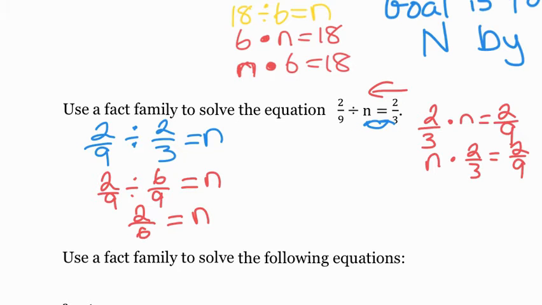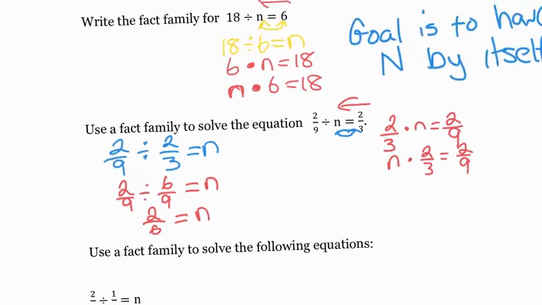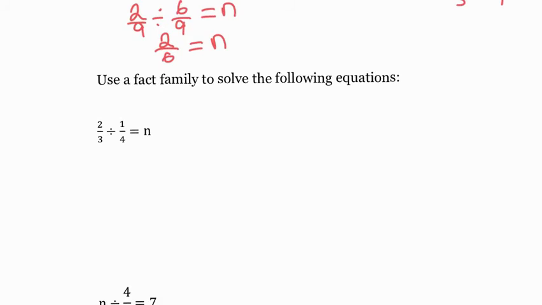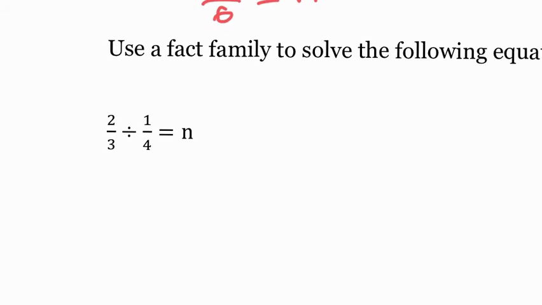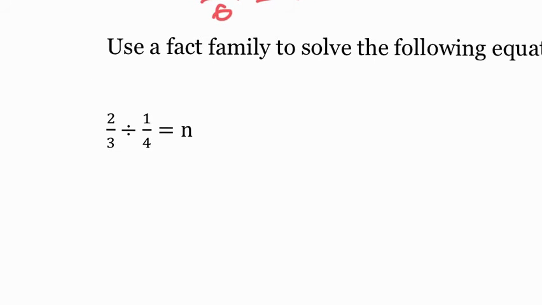All right, so let's use the fact families now at the bottom, and I could say it's 1/3. So 2/3 divided by 1/4 equals n. Well, this one's nice because n's by itself. So all I'm doing here is finding a common denominator, which would be 12. 3 times 4 is 12, 2 times 4 is 8, and then 4 times 3 is 12, so 1 times 3 is 3 equals n.